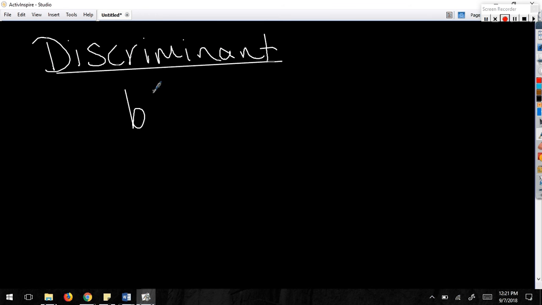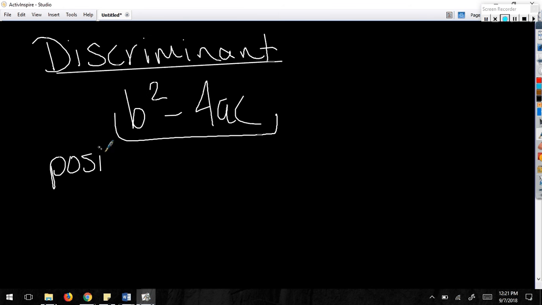Discriminant. The discriminant is the part of the quadratic formula that is under the radical. And it tells us something very important, and I think it will make sense to you as to what it tells us and why when you see. If b squared minus 4ac is positive, that means what's under my radical is positive, right?